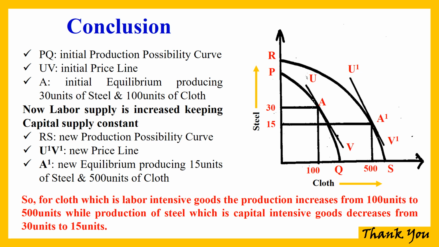Now at this equilibrium point A1, we are producing almost 500 units of cloth and 15 units of steel. So the production of labor intensive goods, that is cloth, increases from 100 to 500, while the production of steel, which is capital intensive goods, reduces from 30 units to 15 units.